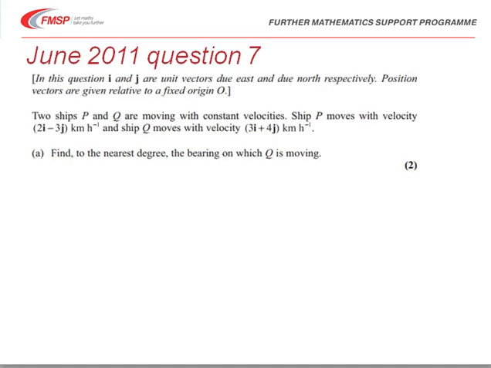Well, the first part of the question is just working out a bearing. We're told in the question that the velocity of P is equal to 2i minus 3j, and the velocity of Q is equal to 3i plus 4j.